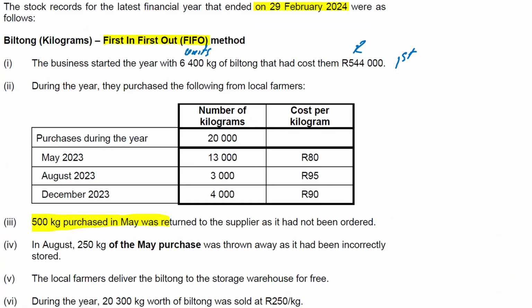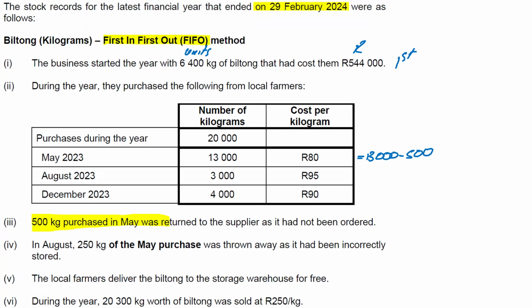That means from the May purchase, we no longer have that 13,000. We now have 13,000 minus 500 kilograms. These were returned to the supplier. That's why we are minusing them. They are no longer available to be sold.